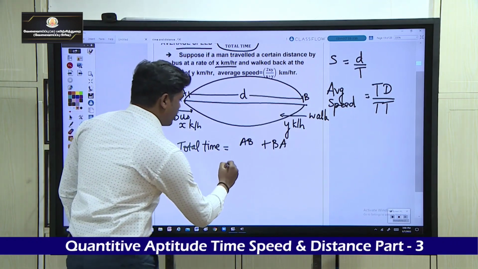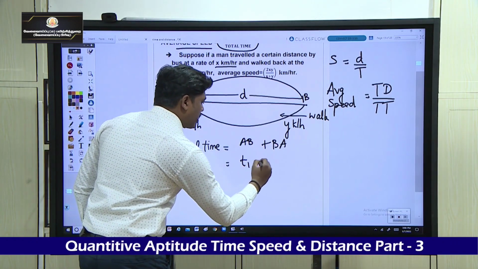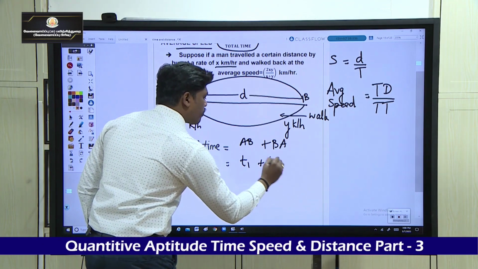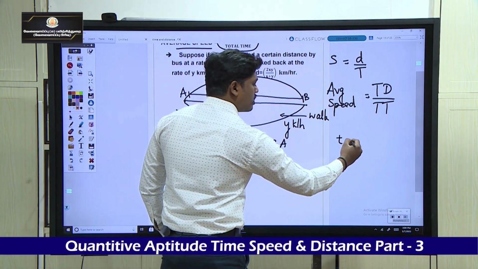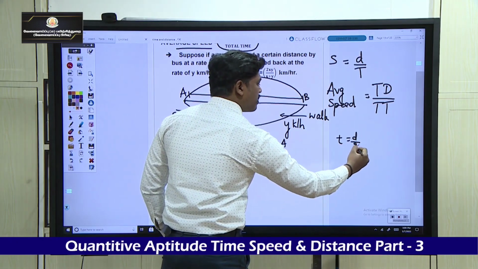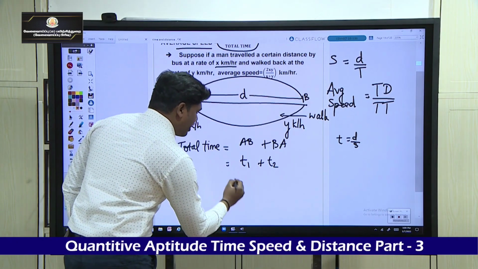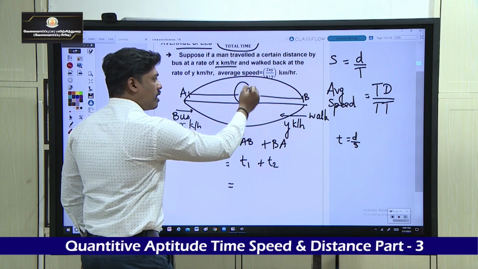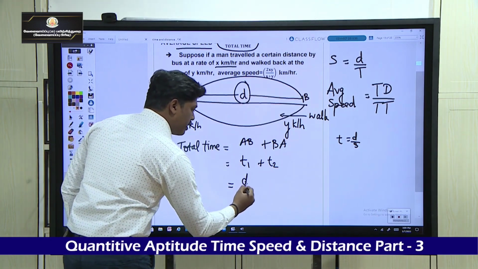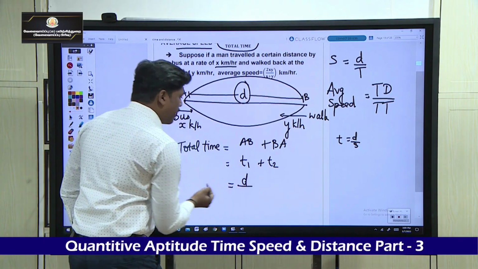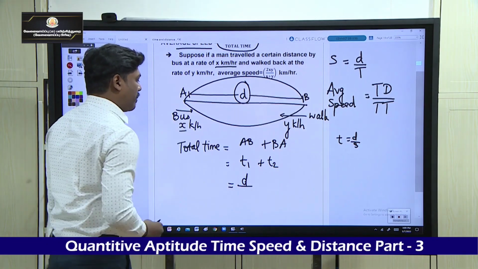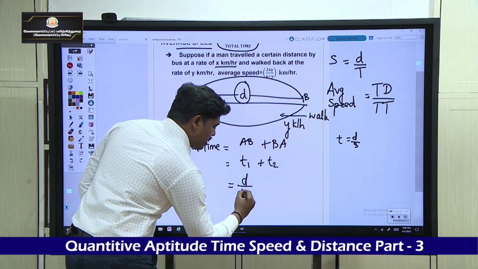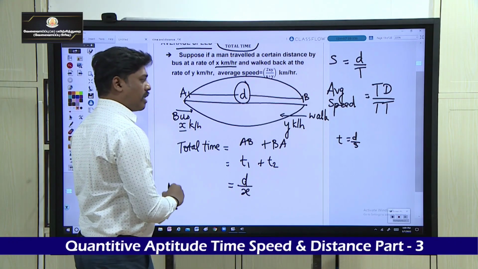Let us call this one T1, this one T2. What is time? Time is distance by speed. What is the distance from A to B? You have D, distance by speed. What is the speed of the person? A to B he is going at x km/h. So, the speed is x km/h.